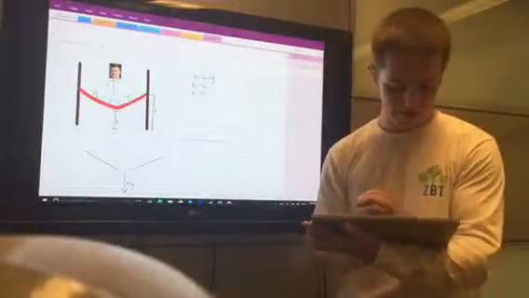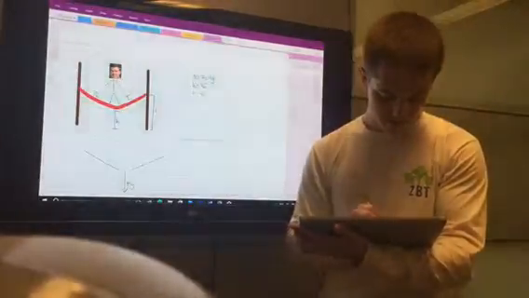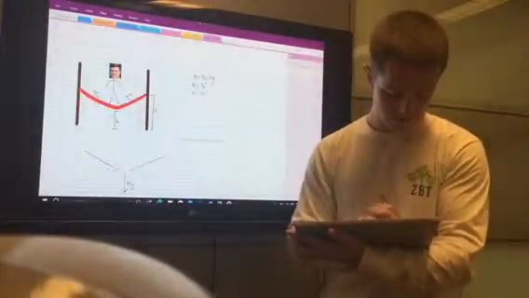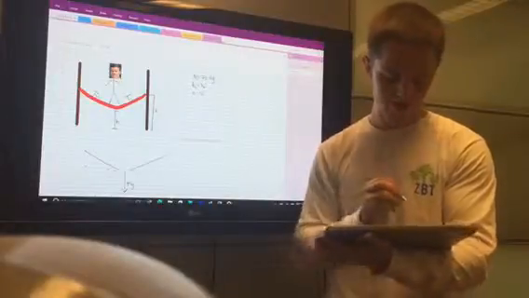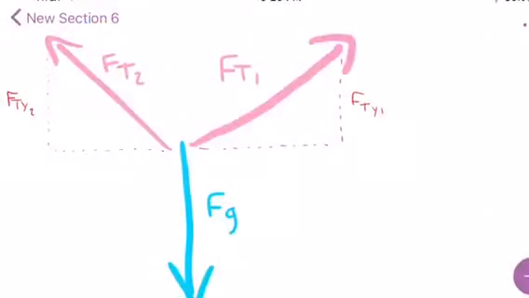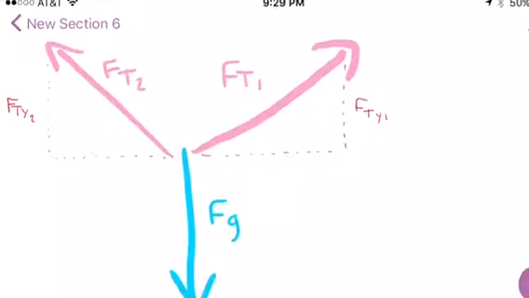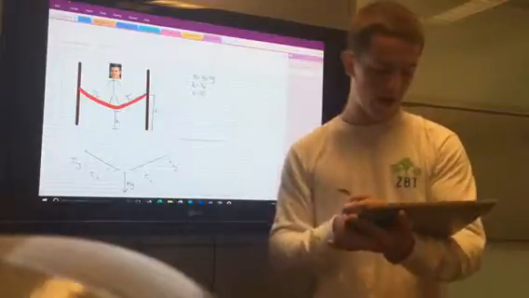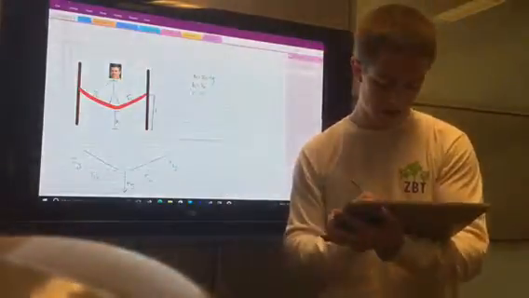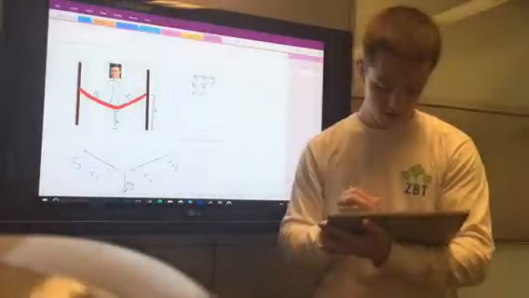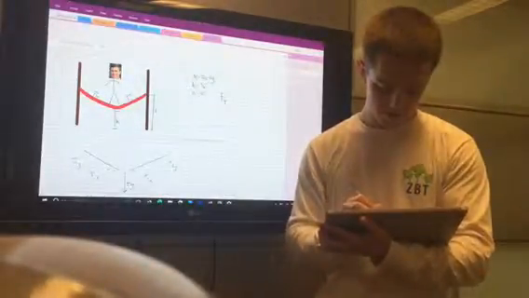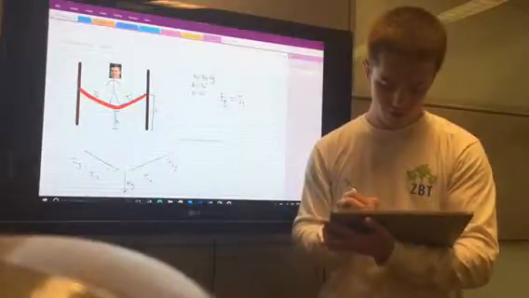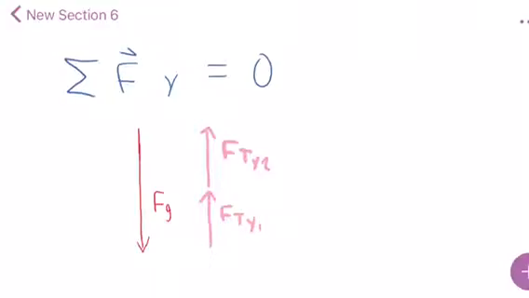So we have the force of gravity acting on Paul. And for each of the tension forces, we can break them into X and Y components. Because he's in static equilibrium, we know that the gravitational force is equal to tension 2y plus tension 1y.